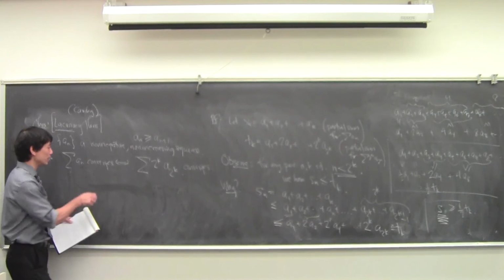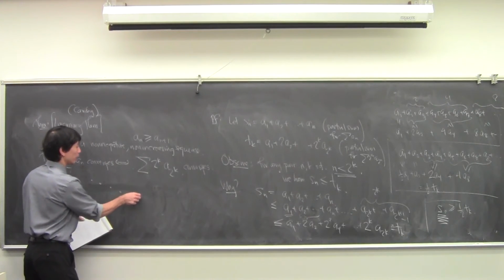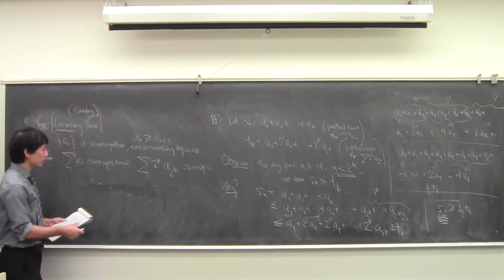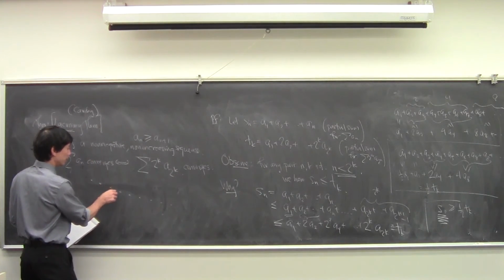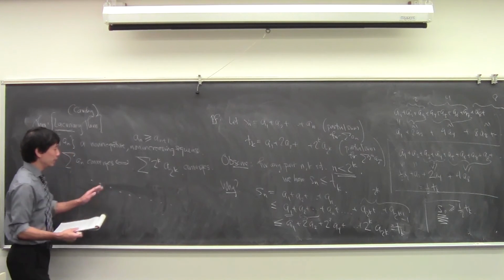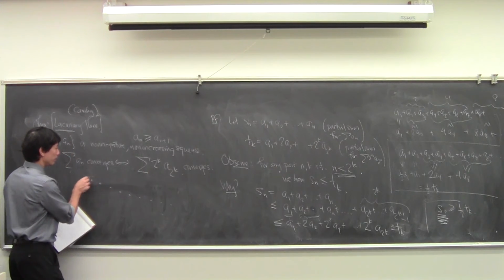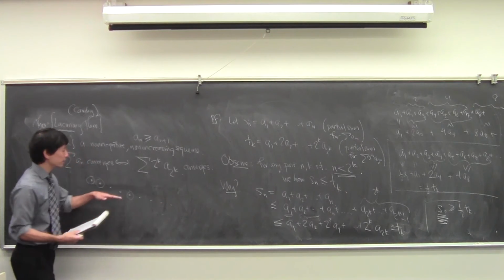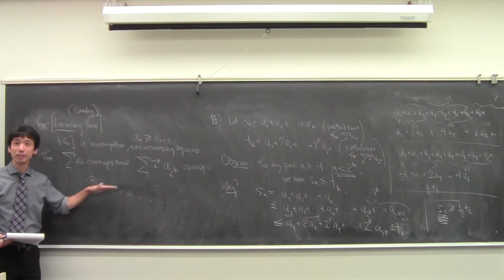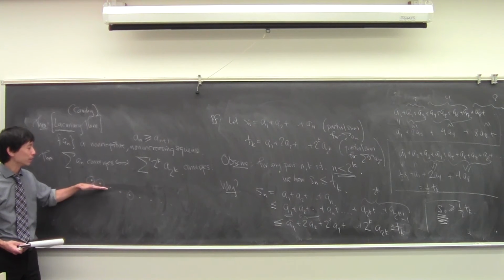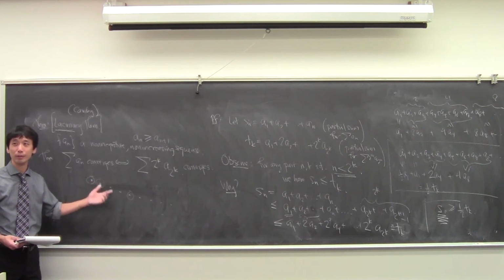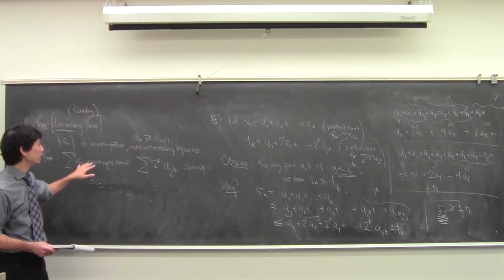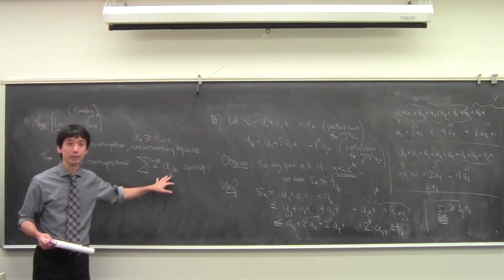If you have a sequence that's non-increasing, you don't really need to know the size of everybody. You just take the first, the second, the fourth, the eighth guys, and everybody else is trapped between these guys anyway. And so you don't have to know their exact values. So this thing converges if and only if the lacunary sequence converges.